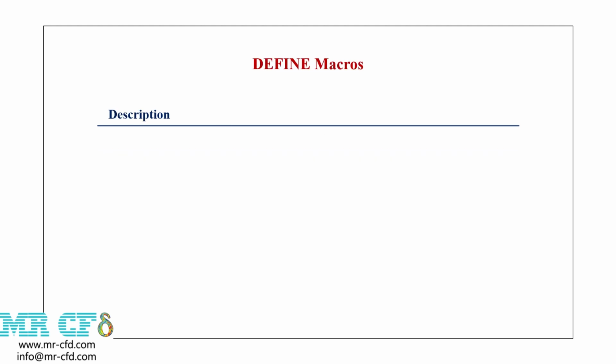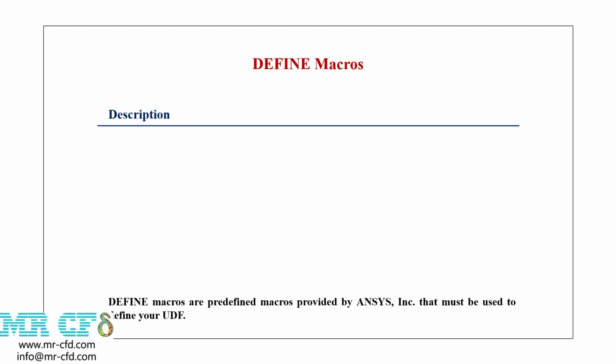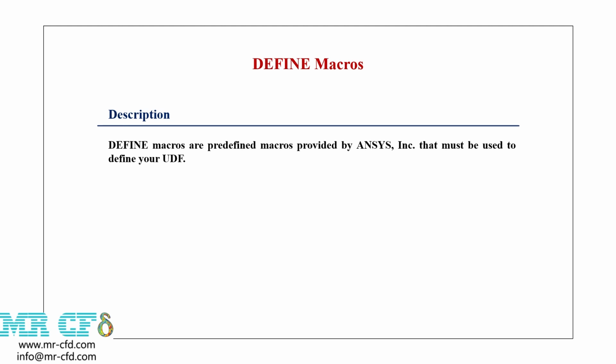To define a UDF, we must use a series of defined macros. Defined macros are predefined macros prepared by ANSYS to be used for defining UDFs. In other words, ANSYS Fluent software provides a set of macros to assist its users in defining the functions they need.